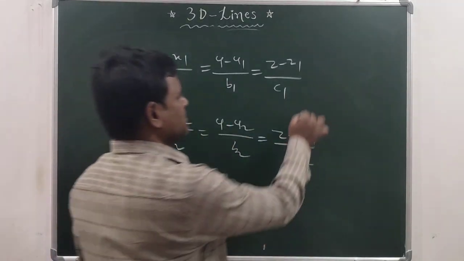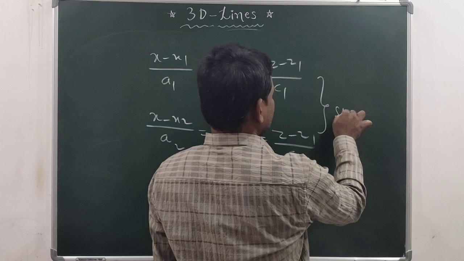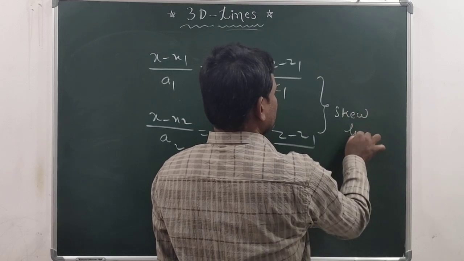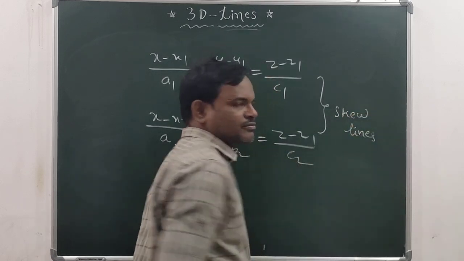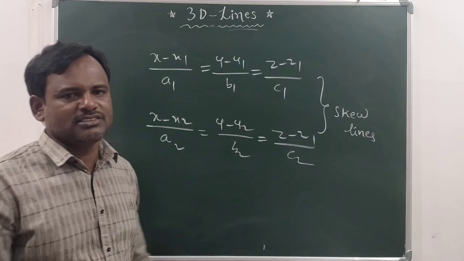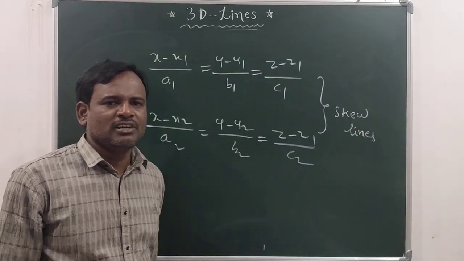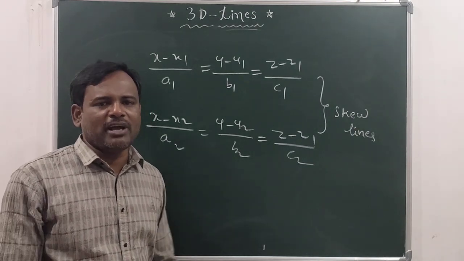Both are skew lines. Skew lines means which belong to different planes. Different planes means they never intersect, they never are parallel.